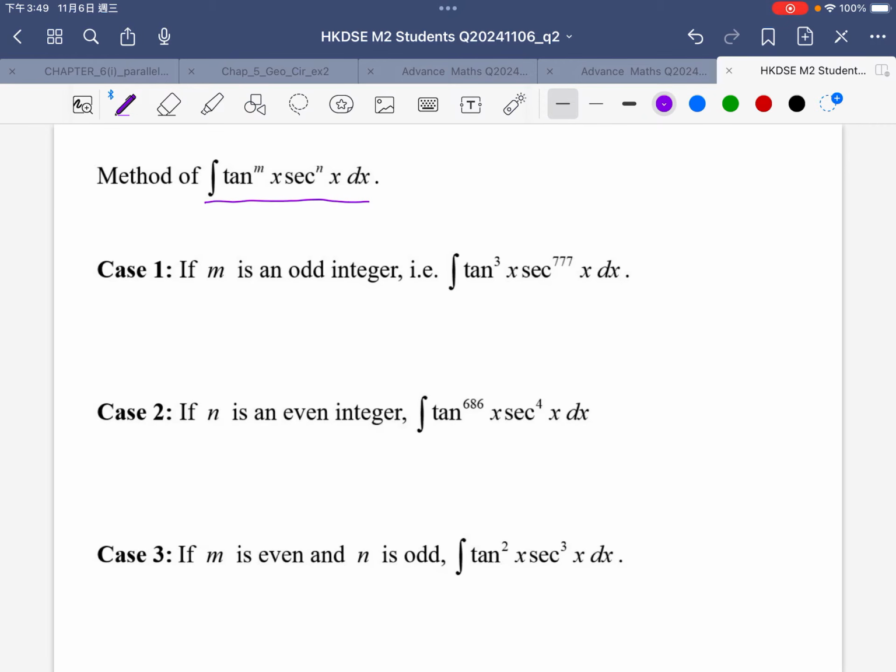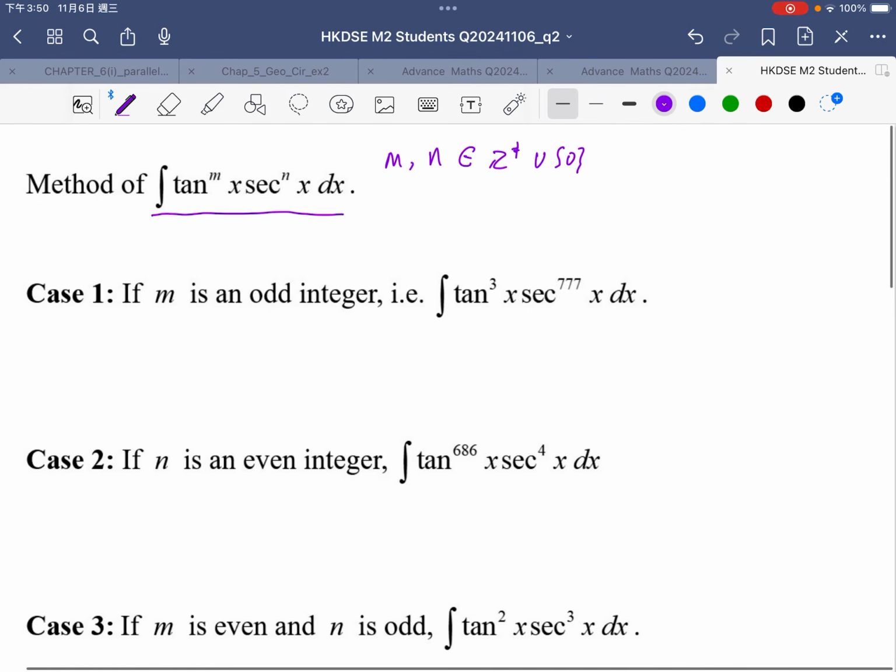In different cases, we have to use different methods. Here m and n are integers, positive integers, including 0. Okay, I think a positive integer union the 0.